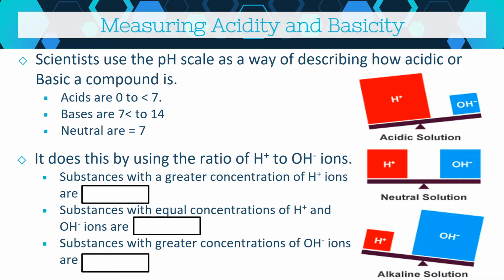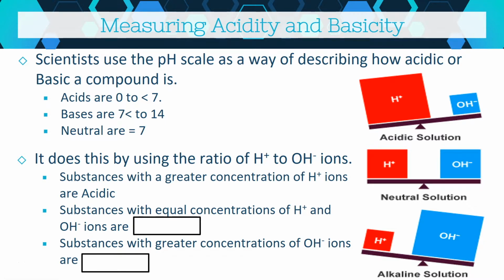And really, this is particularly using Arrhenius's definition. We look at the ratio of hydrogen plus ions to OH or hydroxide ions in solution. So you can see over here on the side, where we have a greater amount of H plus ions compared to the OH ions, it is acidic. So substances with a greater concentration of H plus ions are acidic.